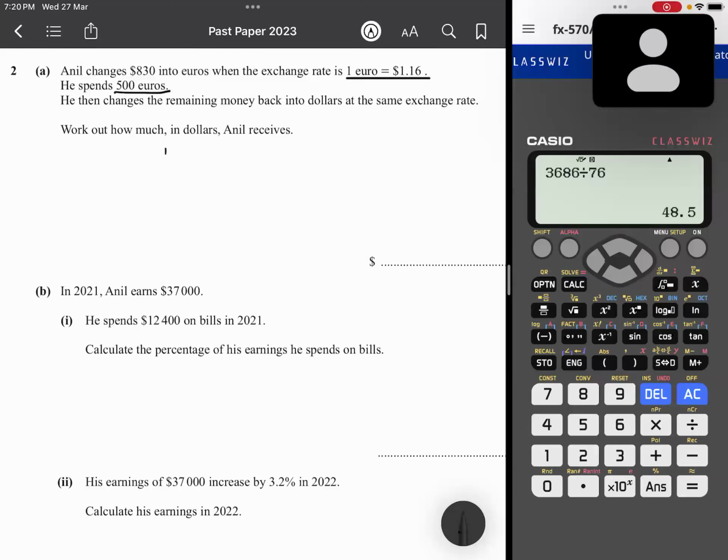First of all, we will convert $830 into euros. According to the scale given in the question, 1 euro equals $1.16.